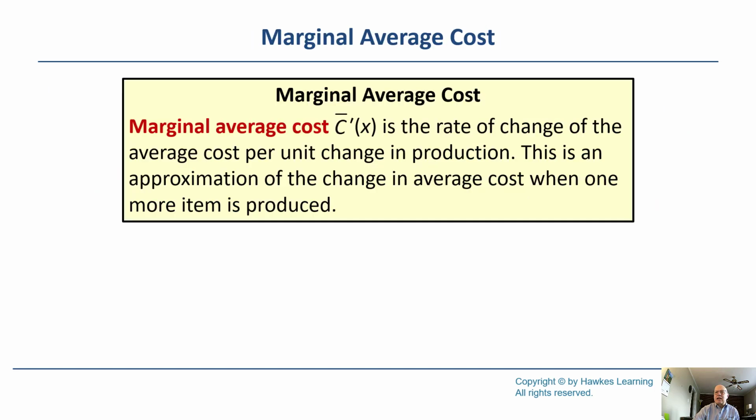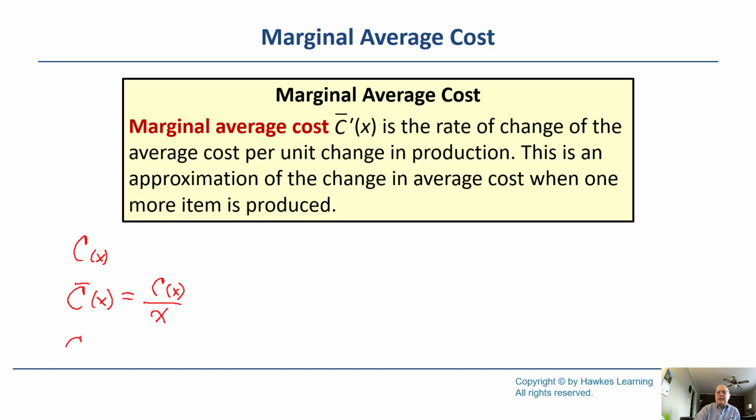Marginal average cost. Now remember on this one, you'll start with the cost function. Don't forget this. This is easy to forget. Start with the cost function. Second, you have to get the average cost function. Remember that's the total cost function divided by how many items.